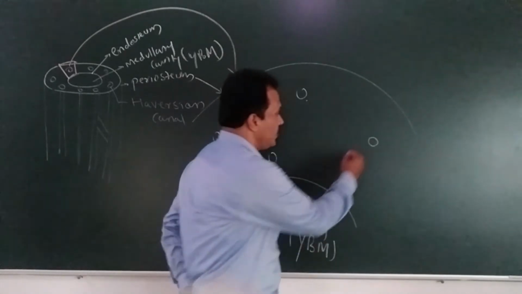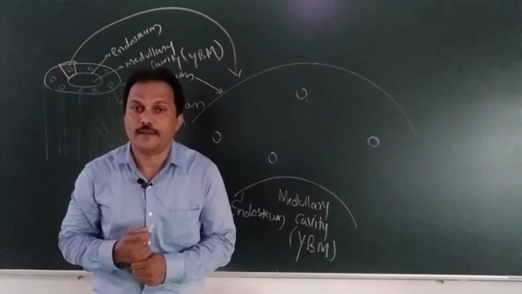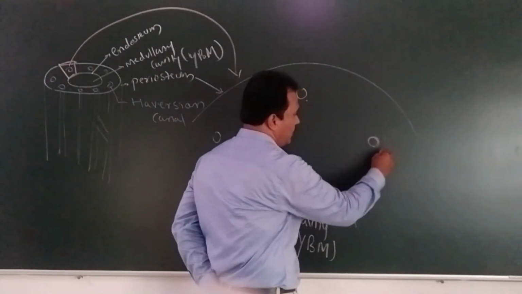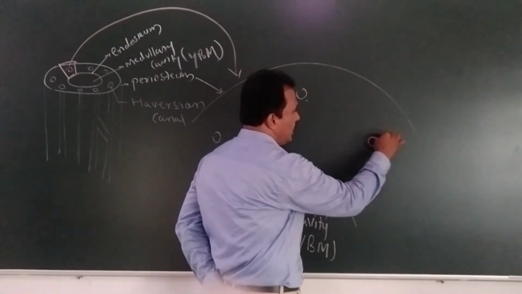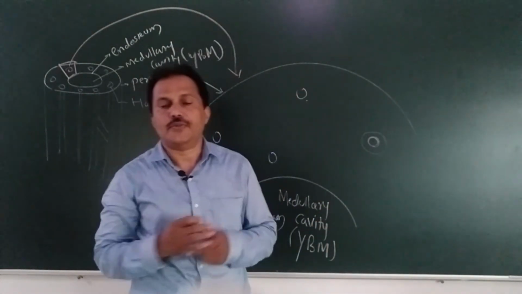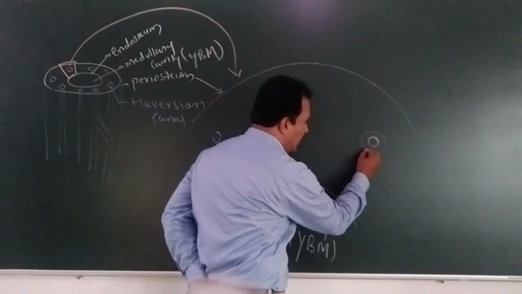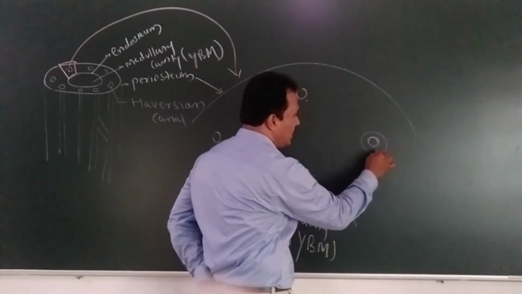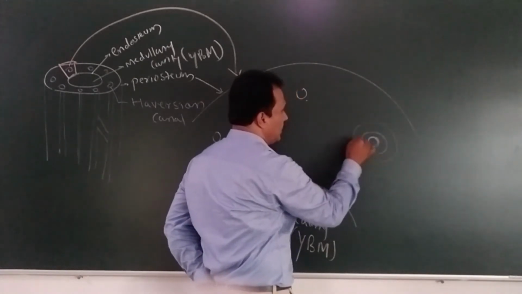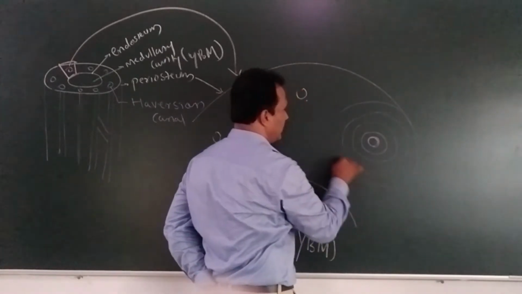This is the Haversian canal. Surrounding it you will find concentric layers of hard bony matrix, just like cementing material. This is one layer, another layer, a third layer, and another layer.